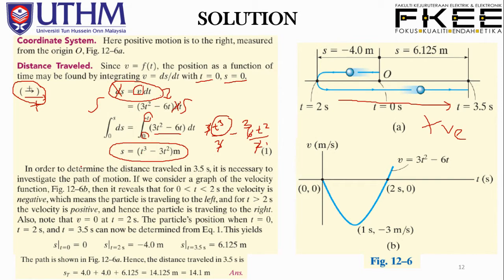Okay. Now, some notes over here. In order to determine the distance traveled in 3.5 seconds, it is necessary to investigate the path of motion. So if we consider a graph of the velocity function, figure 12.6b here, it reveals that for t greater than 0 and less than 2 seconds, the velocity is negative.